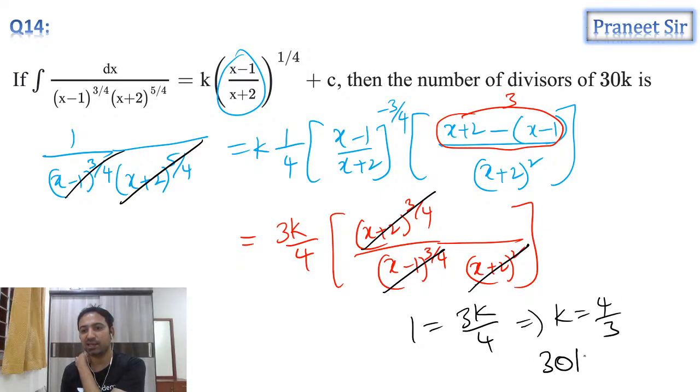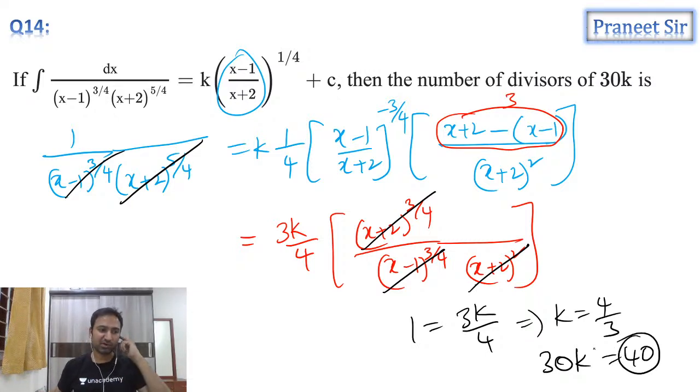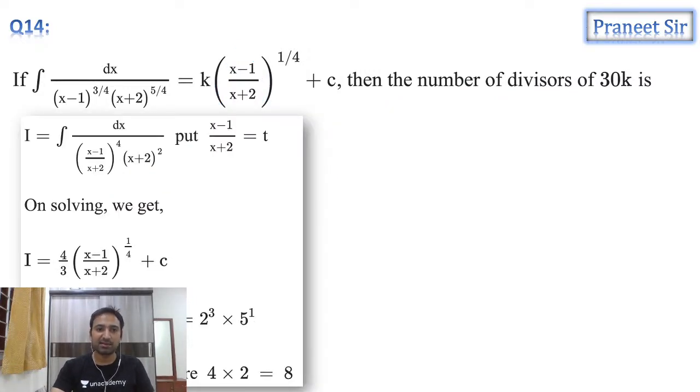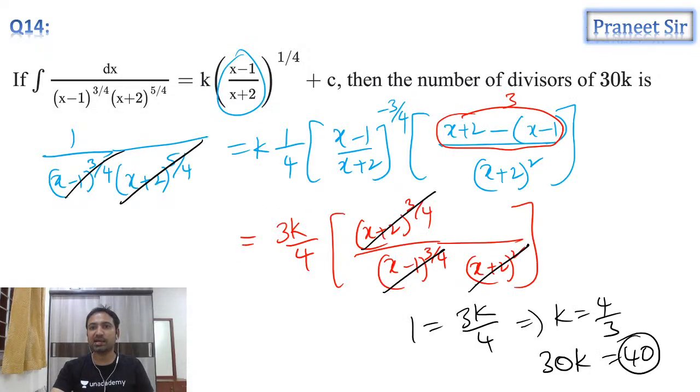What is 30k? 30k is what, guys? Isn't it 40? So 40 should be the answer. Clear, right? So, okay, he's asking the total number of divisors of 30k, guys.